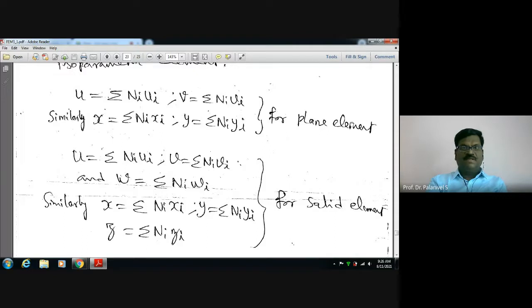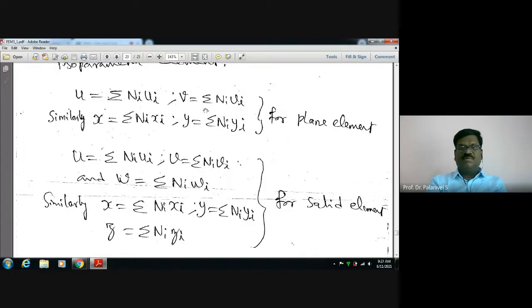For example, u = sigma Ni ui means N1 u1 + N2 u2 + N3 u3. v = sigma Ni vi means N1 v1 + N2 v2 + N3 v3. Similarly, x = sigma Ni xi means N1 x1 + N2 x2 + N3 x3, and y = sigma Ni yi means N1 y1 + N2 y2 + N3 y3 for a plane element, for example a triangular element.